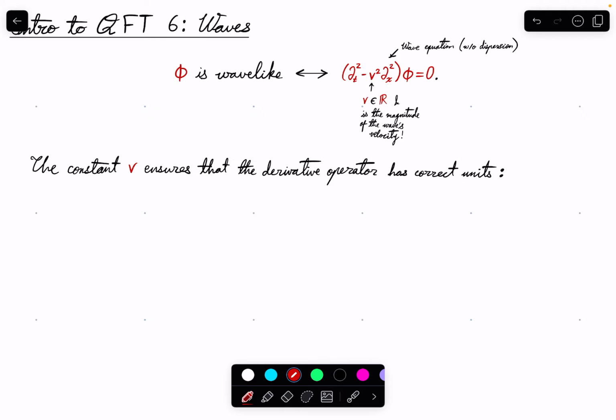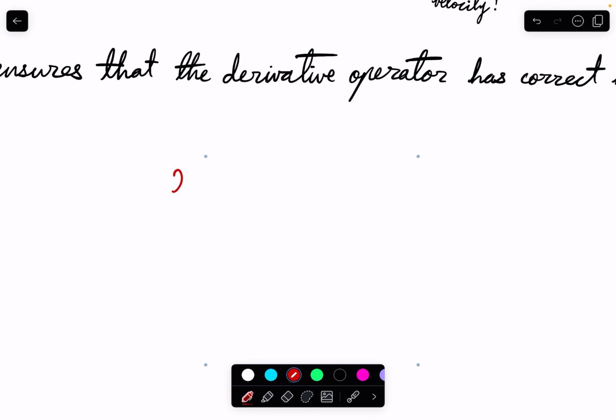These correct units are, so if we have dt, this has units of 1/seconds, and this constant v, which is, remember, velocity, and we have dx, as components.